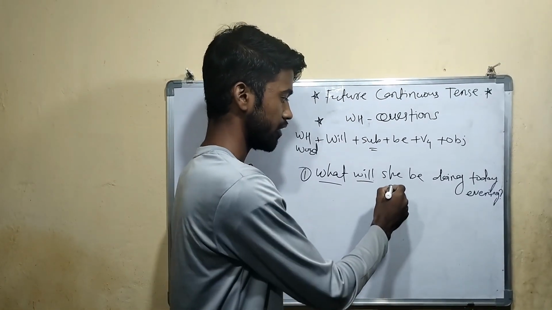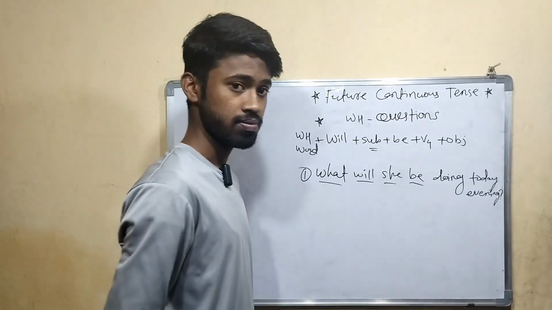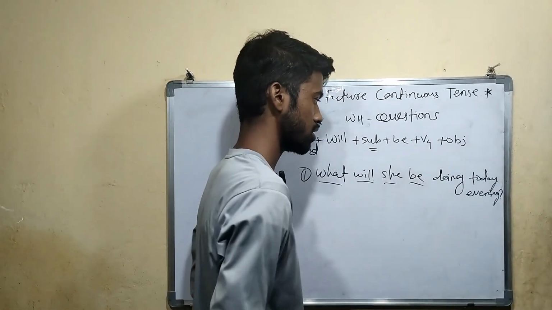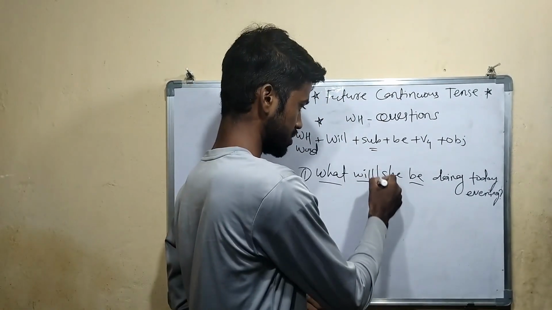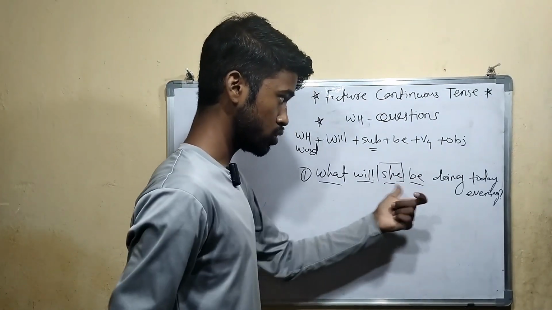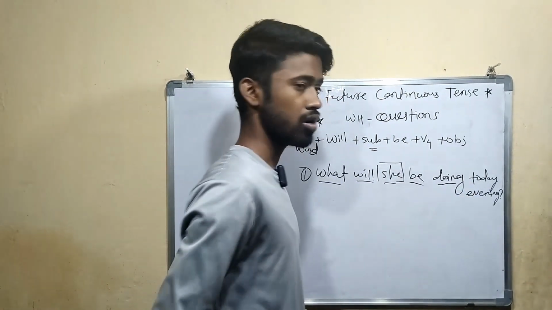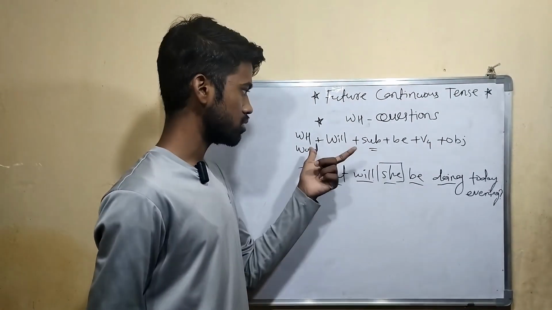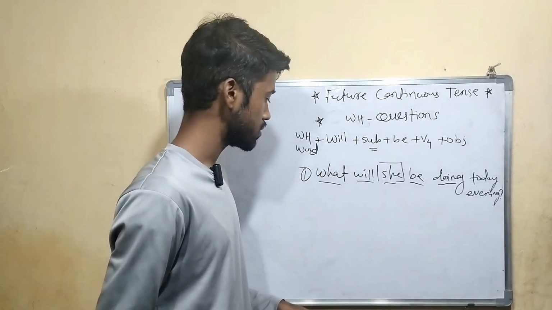Followed by will. After that, subject. After that, this be. This will be is the helping verb here, right? There are two helping verbs, will and be. So the subject will come in between these two helping verbs. After that, the fourth form of verb, and in the last, object. You understood how this structure works in future continuous tense?